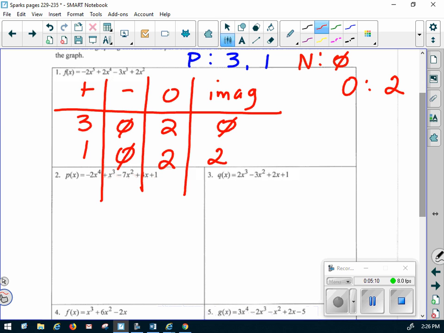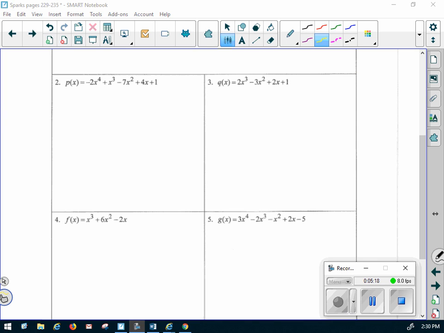Now I want you to graph it on your calculator, and let's see which of those scenarios is the real answer. Okay, let's look at number 2. Positive, negative, 0, and imaginary.